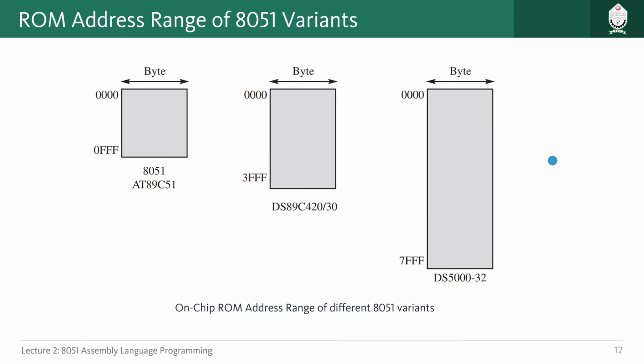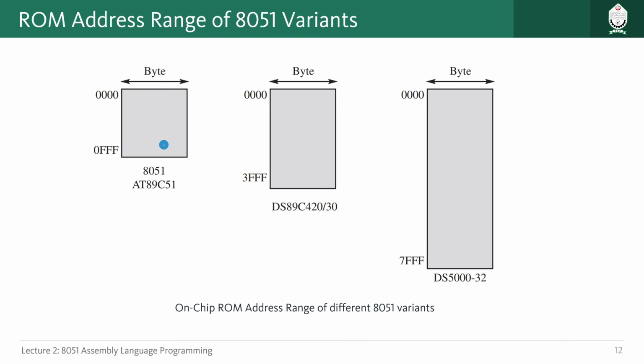We talked about different registers so far. Now let us talk about the ROM. Like the original version of 8051 we discussed previously, that can be 89C51. These particular versions of 8051 have only 4K bytes of ROM, if you remember, right?